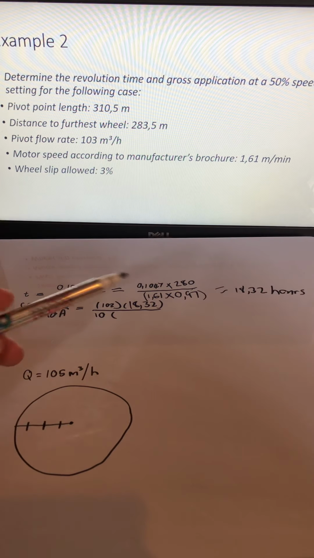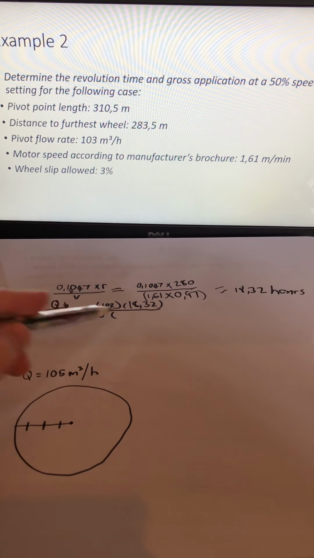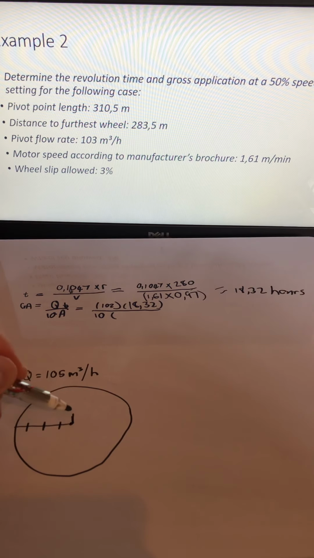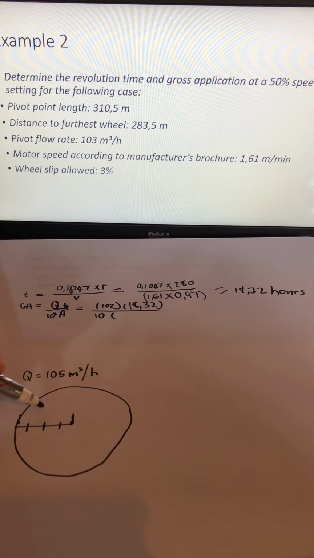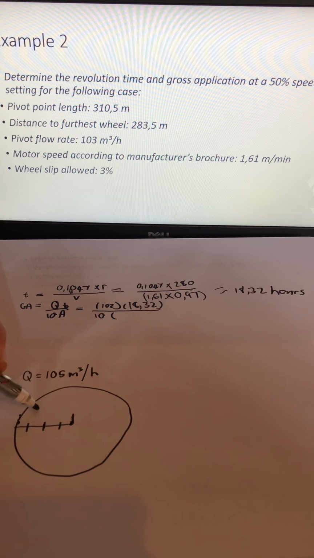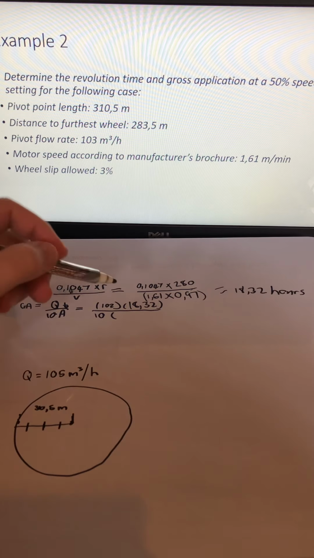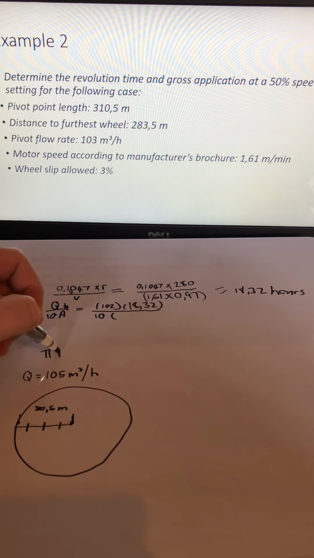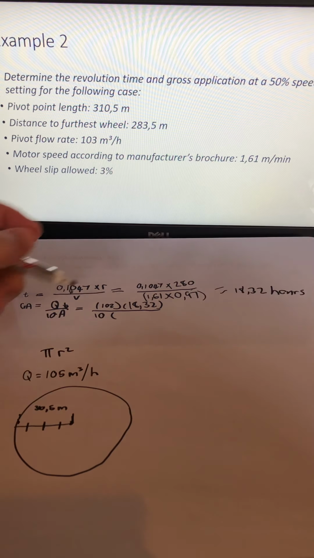And then this area should be in hectares. So you know that from the center of the circle to the edges of the circle is 310.5 meters. The area of a circle is pi radius squared.